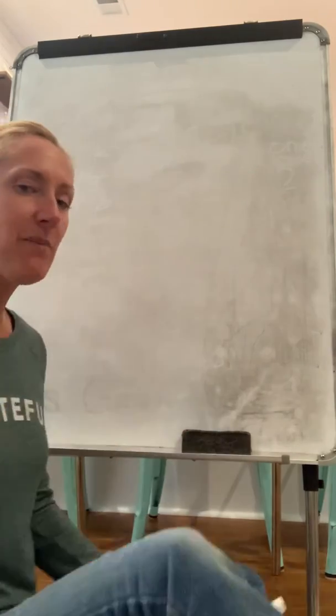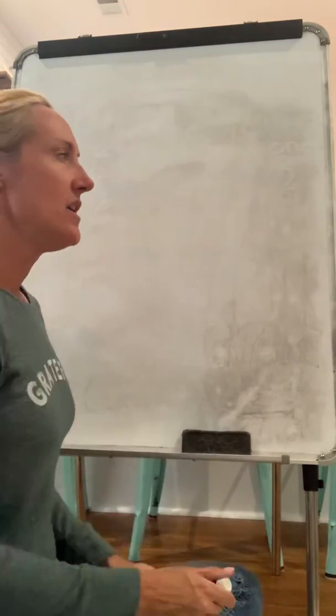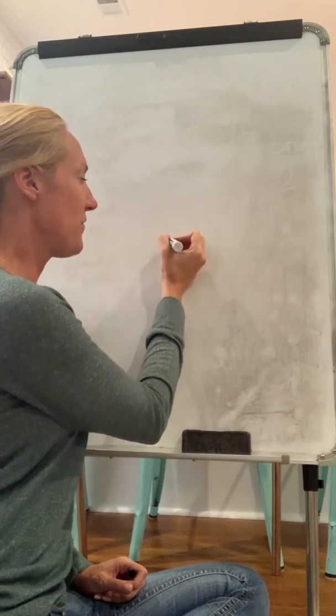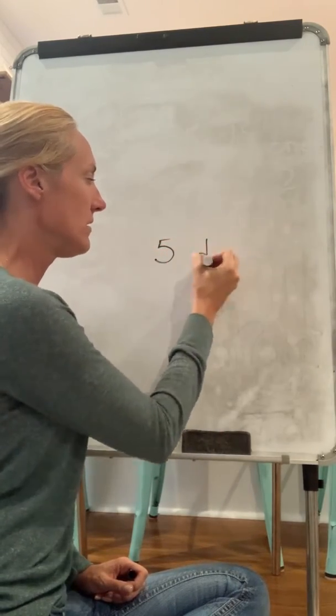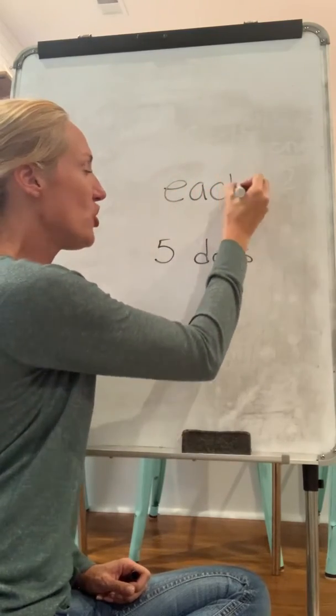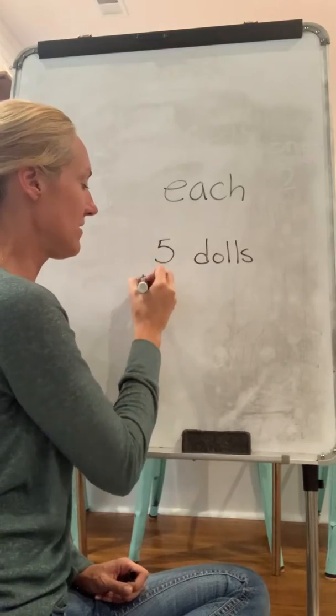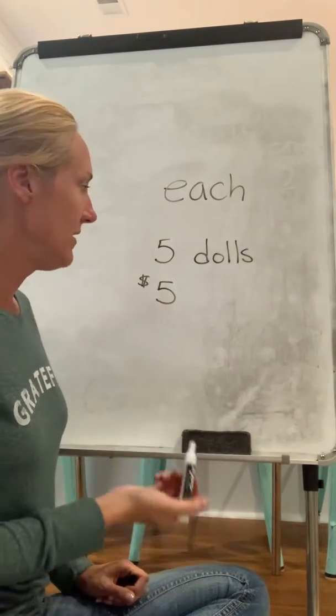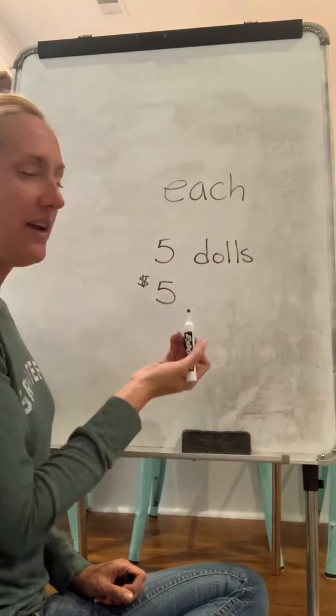Okay, so let's think about what we heard in that story. So we've got Miss Quinn. She has 5 dolls. And we heard that word each again. Each doll costs $5. If you can figure this out on your whiteboard, figure it out. Otherwise, think about it.